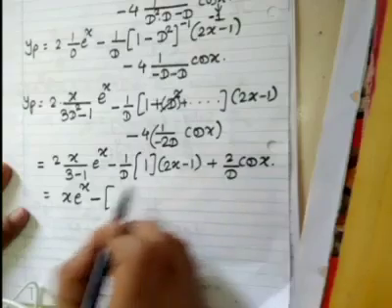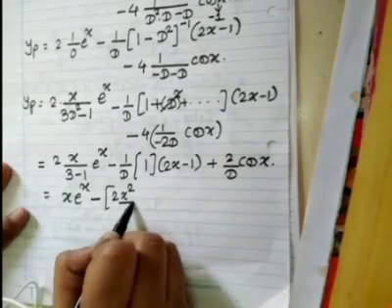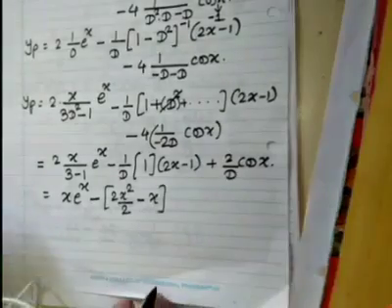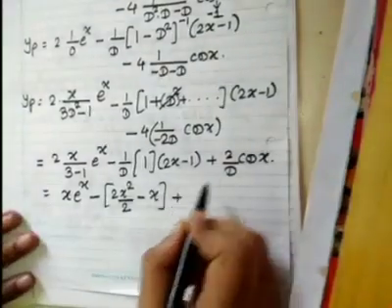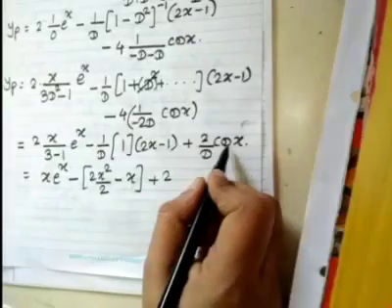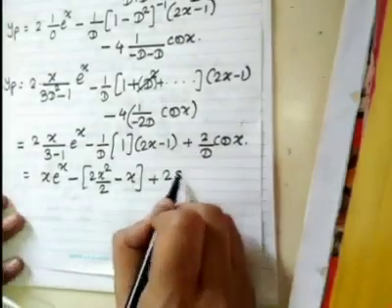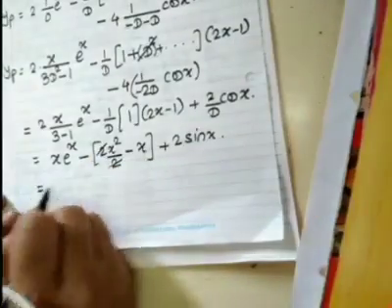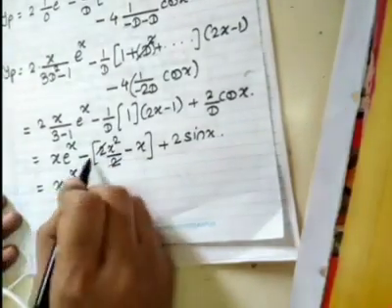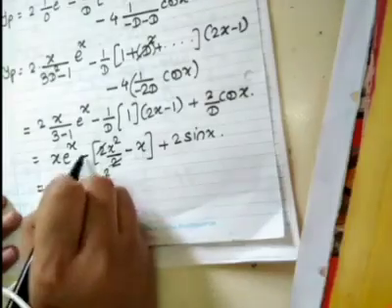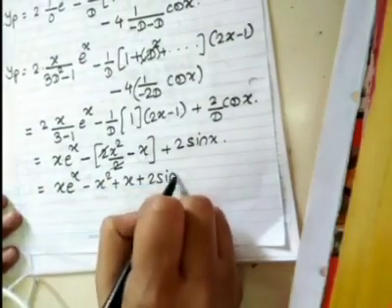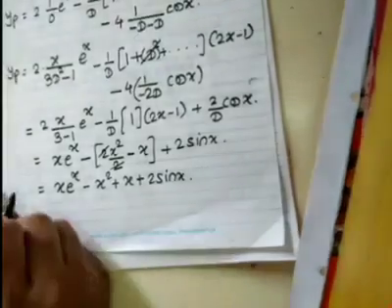What is the integration? 2 into x square by 2 minus x, plus 2 into integration of cos x, sin x. Very good. So this 2 and 1 cancel. So it is x e raised to x minus x square plus x plus 2 sin x. Done. This is your yp, finished.